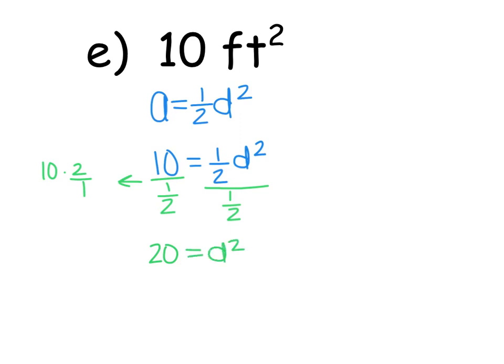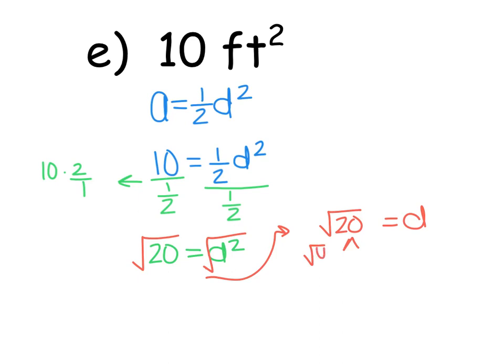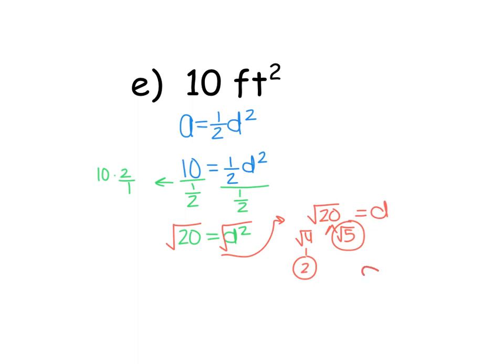Then you're going to take the square root of each side, so you get the square root of 20. Make sure you simplify. The factors of 20 are 4 and 5. So for your diagonal here, you are going to have 2 radical 5 feet.